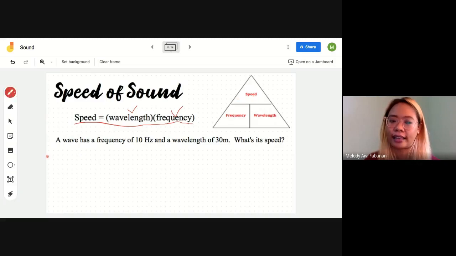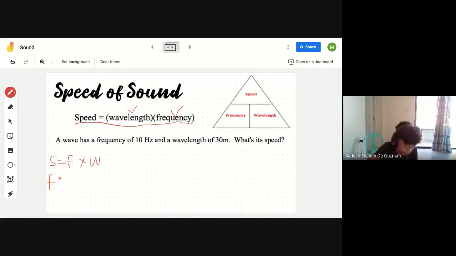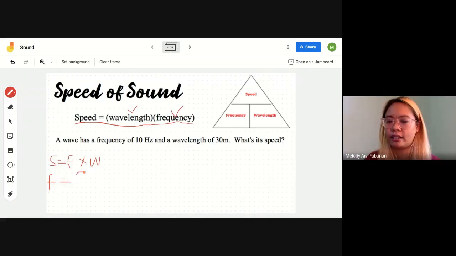So tatandaan natin yan ha. Speed is frequency multiplied by wavelength. Pero if we are going to look for frequency, we are going to divide speed by wavelength. And if we are looking for wavelength, we are going to divide speed by frequency.